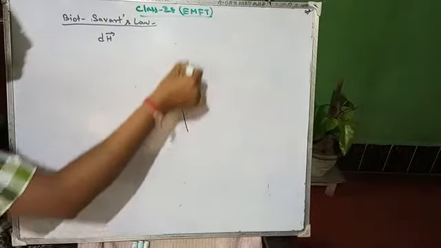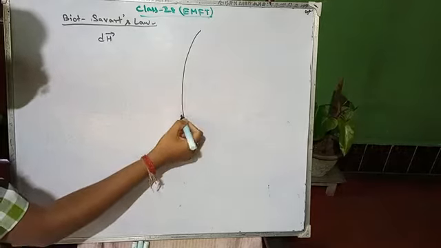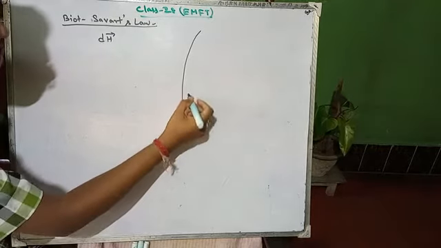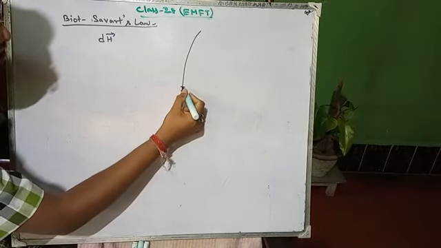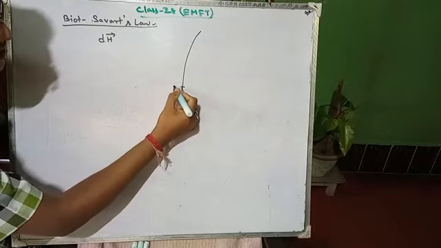That means we are taking a conductor carrying a current I and considering only a small length dl.